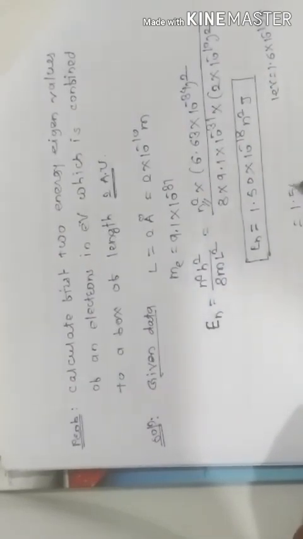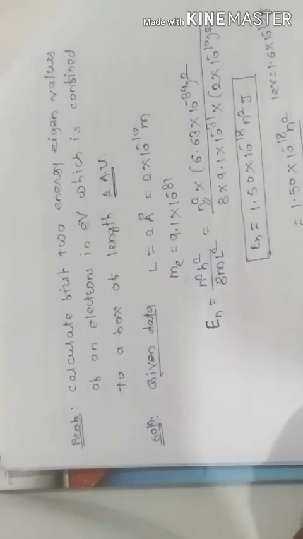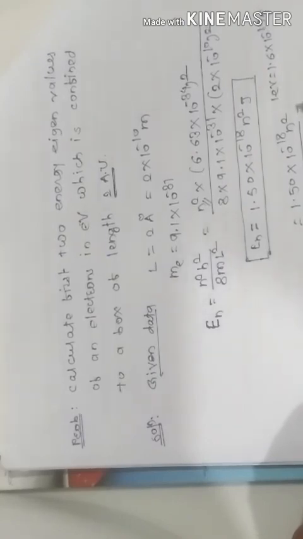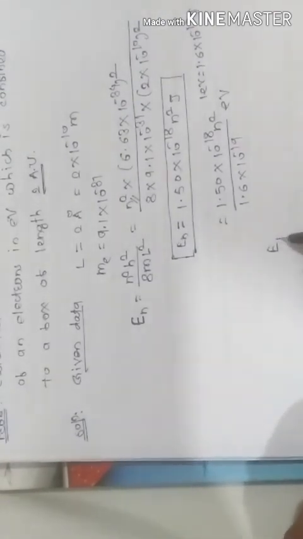So divide this 10 raised to minus 18 n squared by 1.6 into 10 to the power minus 19, and joules become electron volts.